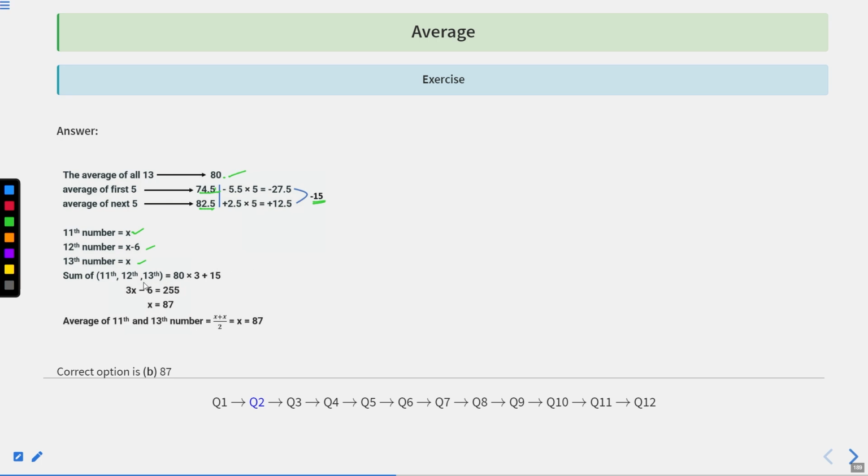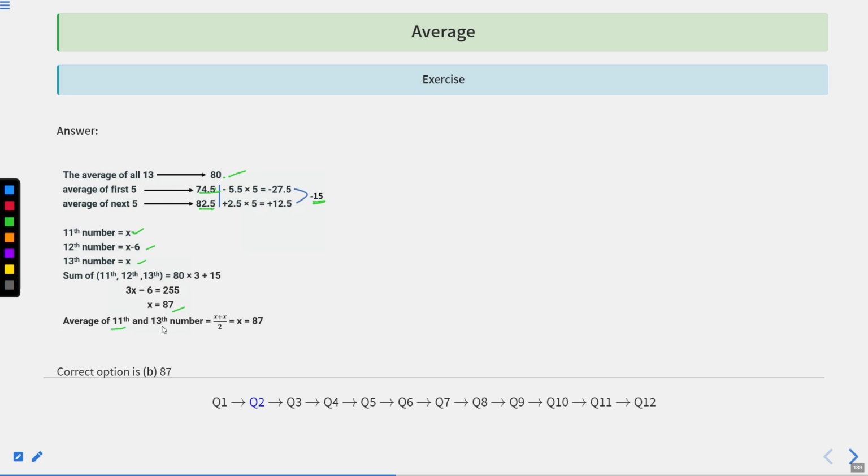So the sum of the 11th, 12th and 13th numbers is going to be 80 times 3 plus 15, and I can write it as 3x minus 6 equal to 255, which on simplifying gives x equal to 87.